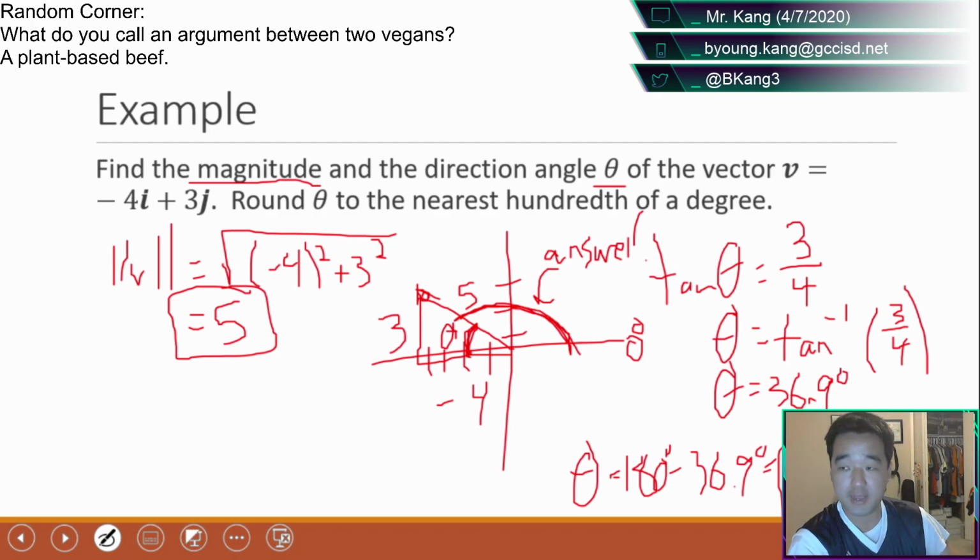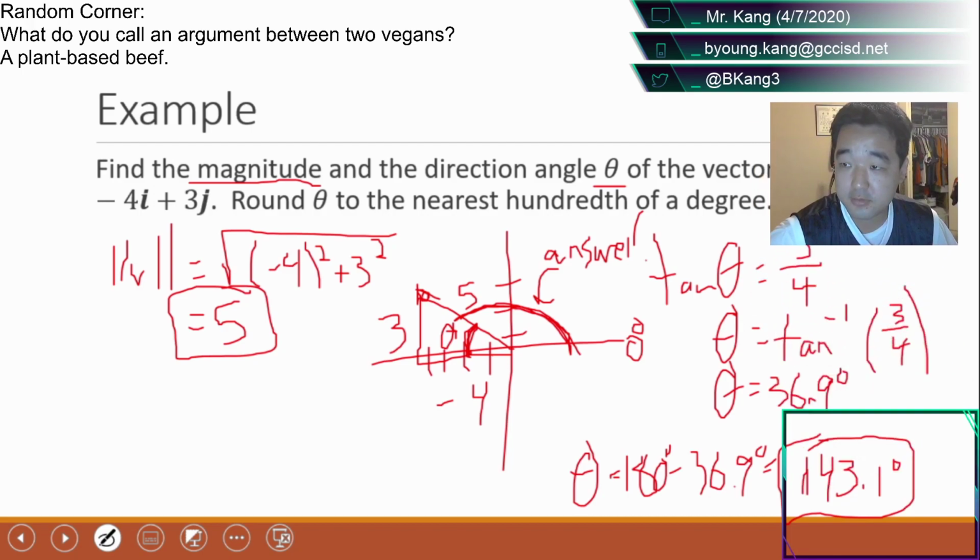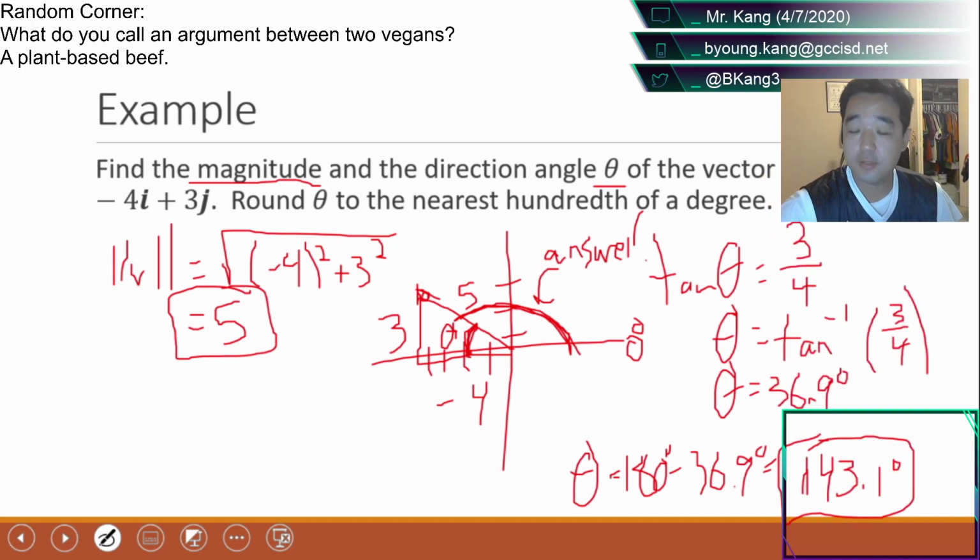And again, the whole reason that we had to do that is because direction angles are always defined from 0 degrees, not that little one in the triangle that we calculated. So we used inverse tangent to find the angle inside the triangle, but then we did the whole 180 minus. Remember I mentioned a little bit earlier why we ignore the negative on the 4?